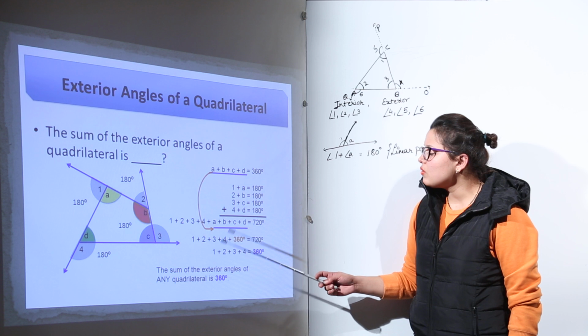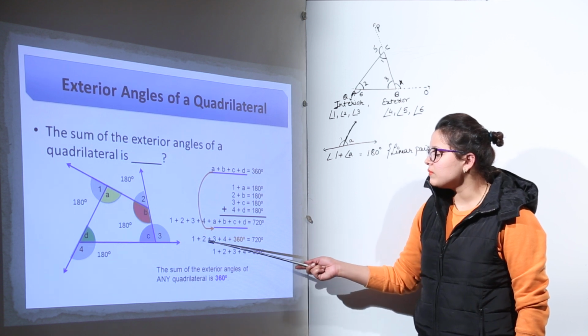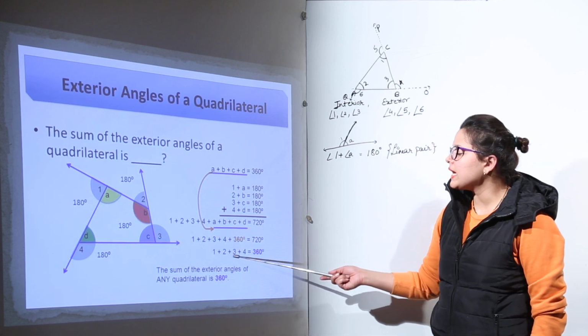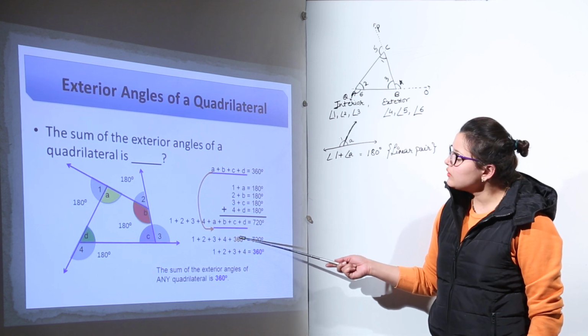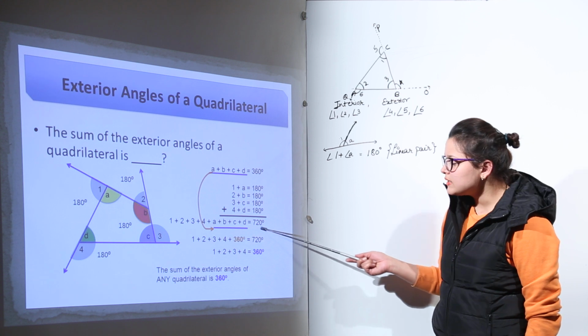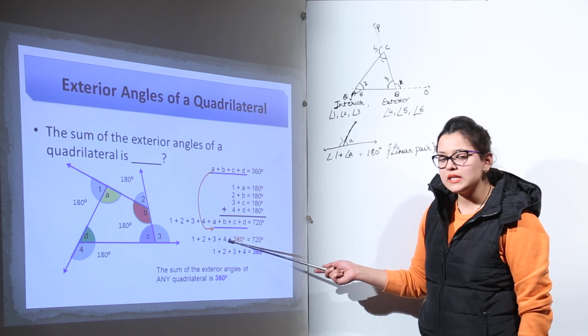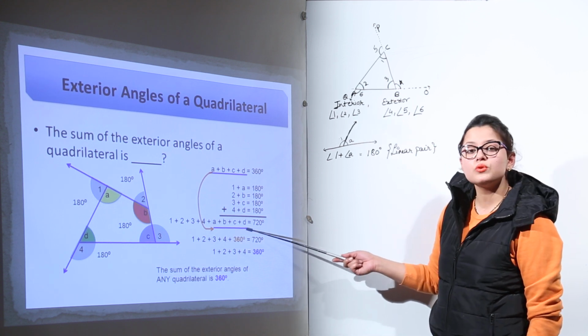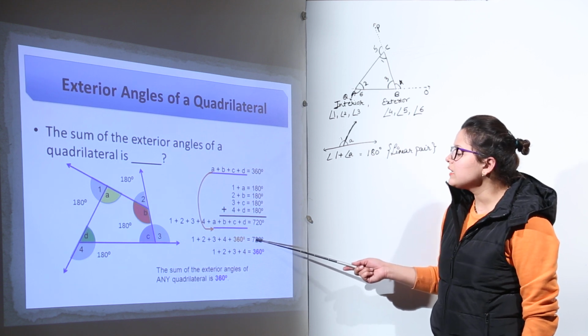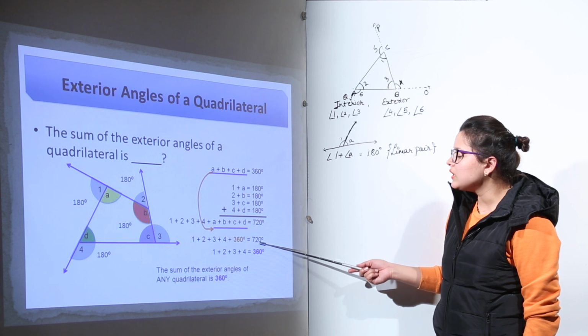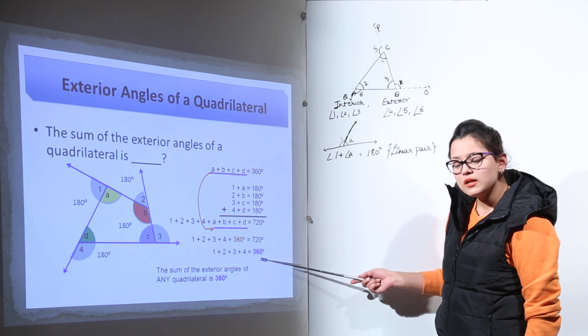Clear enough? Now on solving, you take angles 1, 2, 3, 4 as they are, because that is what we have to find out, and you take 360 to the other side. Because 360 was getting added on this side, when you transpose it to the other side, it will get subtracted. So if you subtract 360 from 720, you would get 360, right?